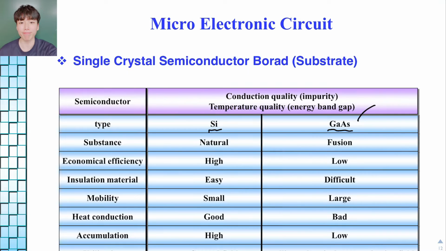But gallium arsenide is a fusion substance, has low economical efficiency and is too difficult to make, but its mobility is so big, 8 or 10 times that of silicon, and it has bad heat conduction and low accumulation. Silicon size is 12 inches and gallium arsenide is 6 inches.